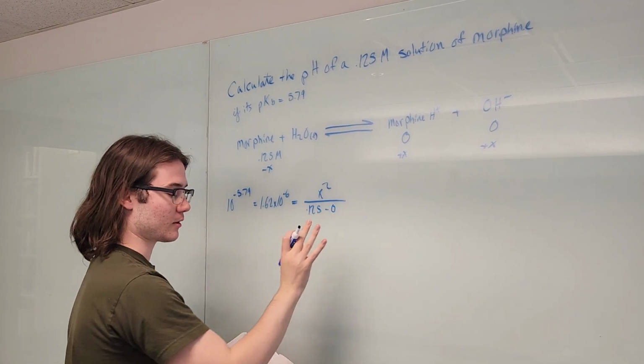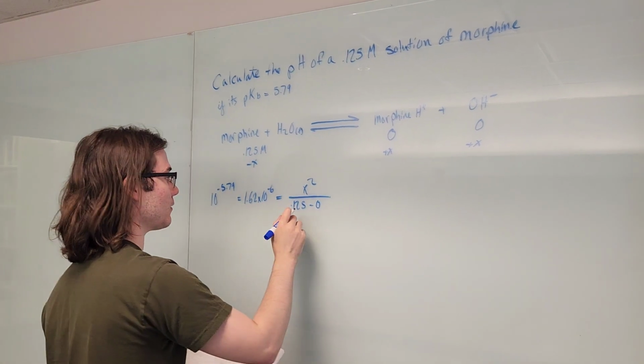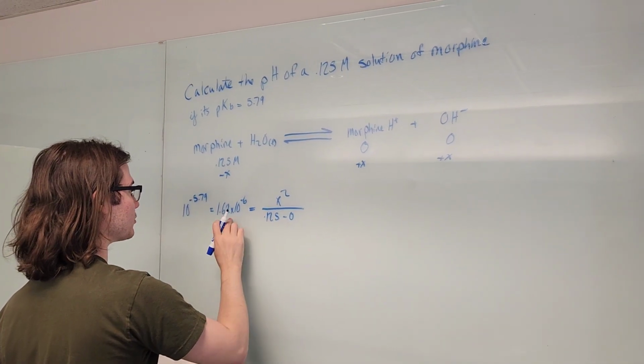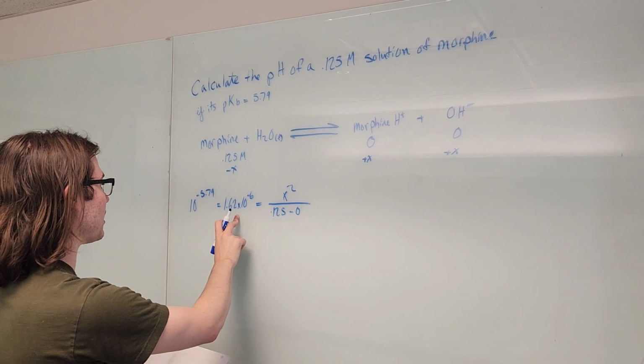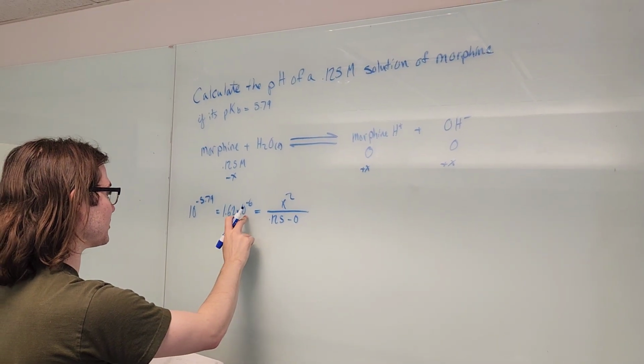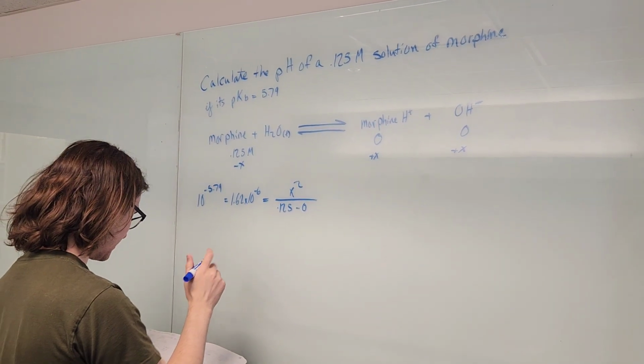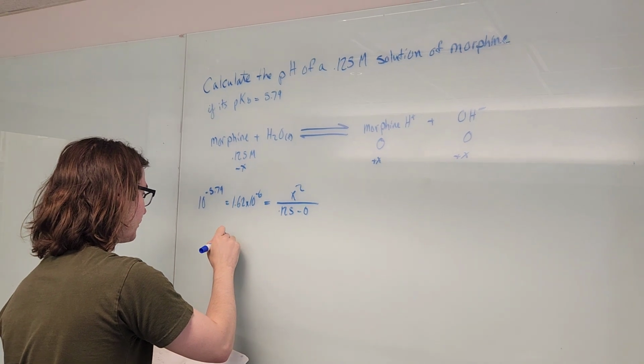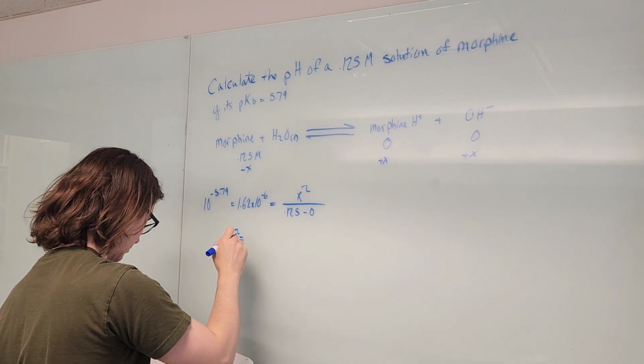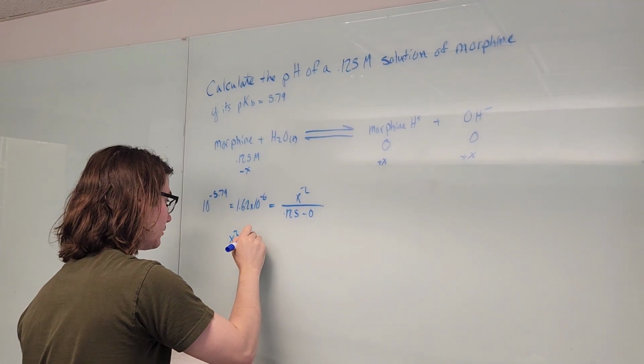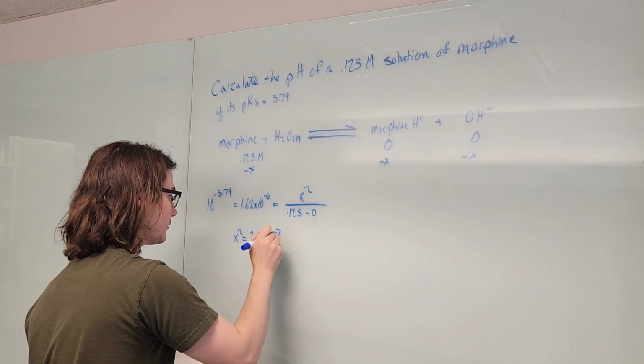We can do that using the 5% rule. So we multiply 0.125 times 1.62 times 10 to the negative 6, and that gives us a value of x squared equals 2.03 times 10 to the negative 7.